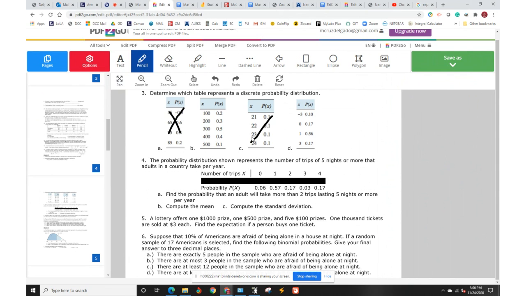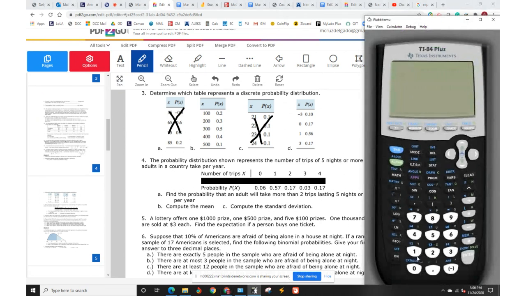That's just 0.4. But what about these other ones? So this is not because that's over 1.